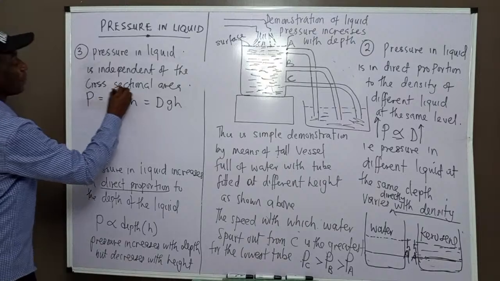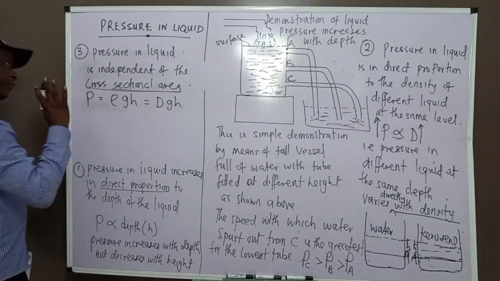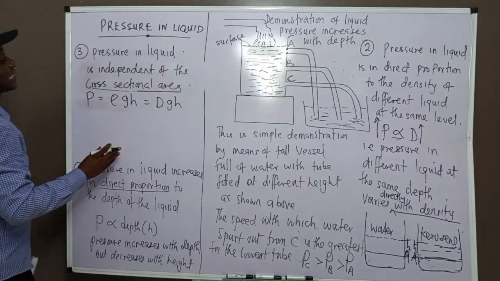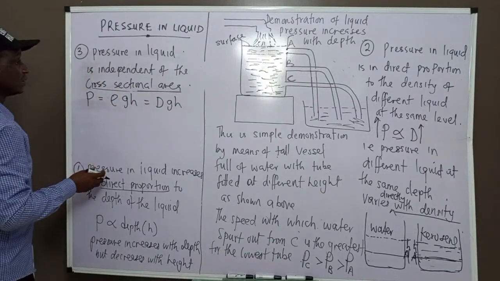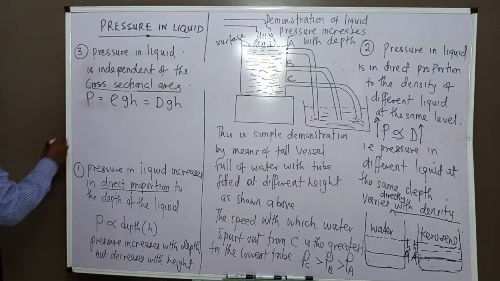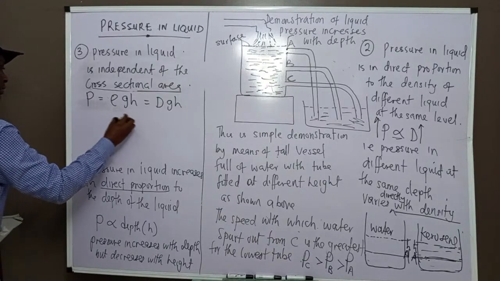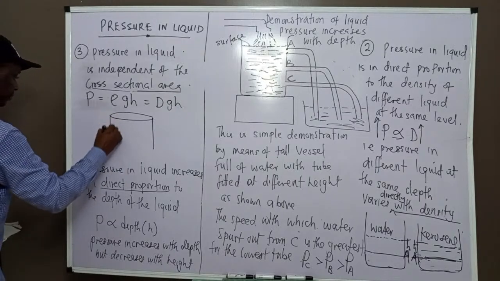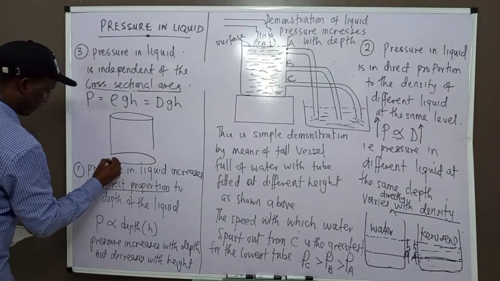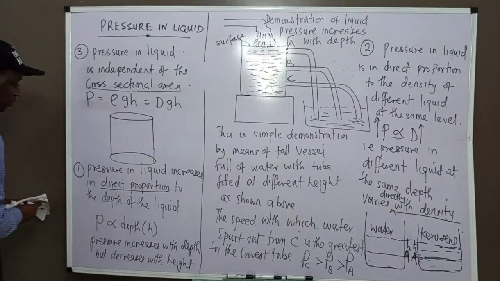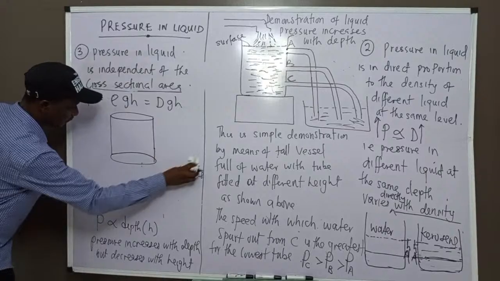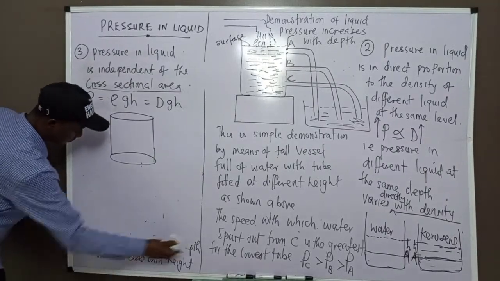But if you talk about pressure in solid, fine. But pressure in liquid, it does not depend on area because it acts in all directions. Now, what if you have a container, say a cylindrical shape or a can?